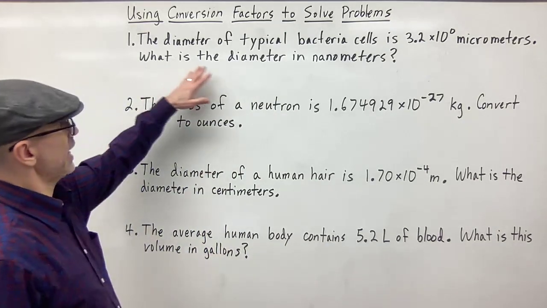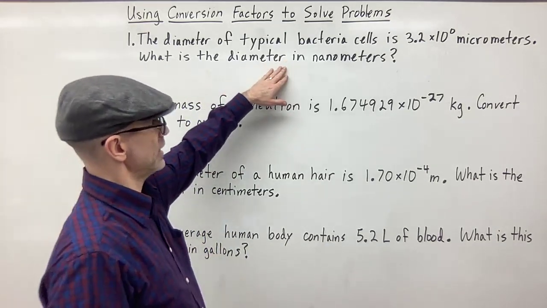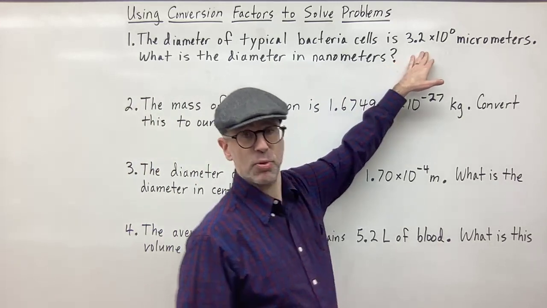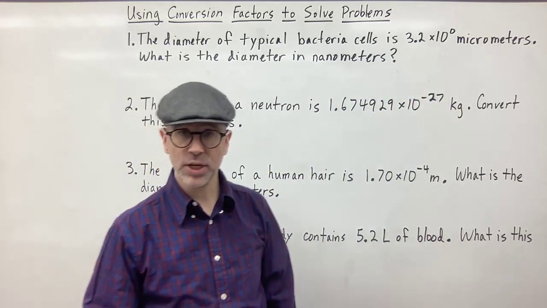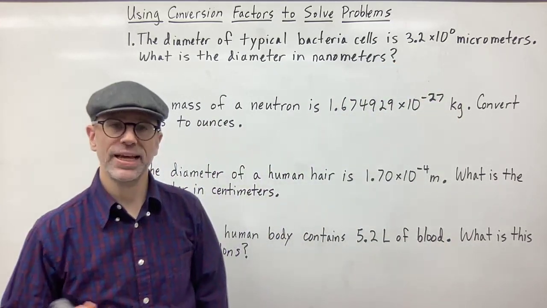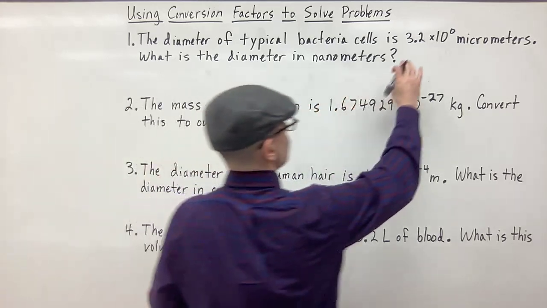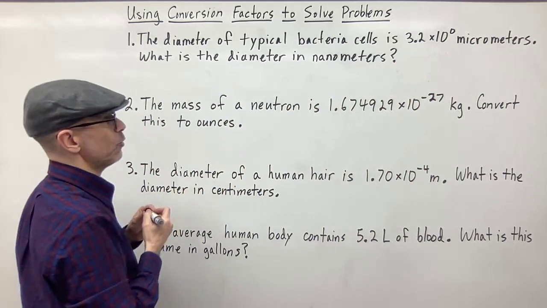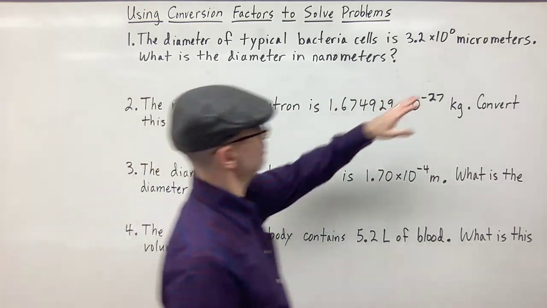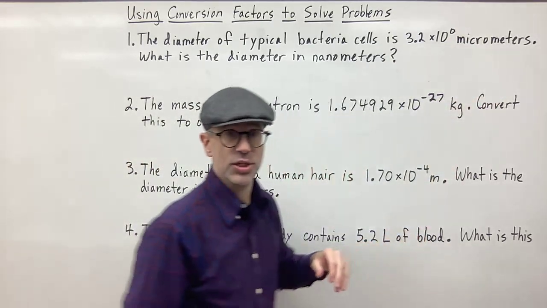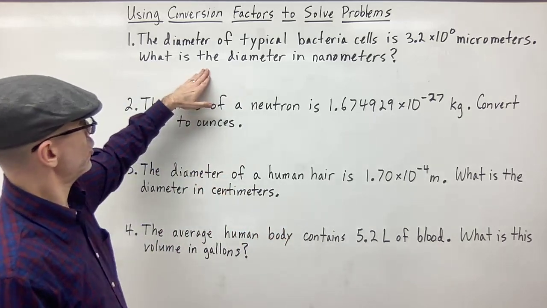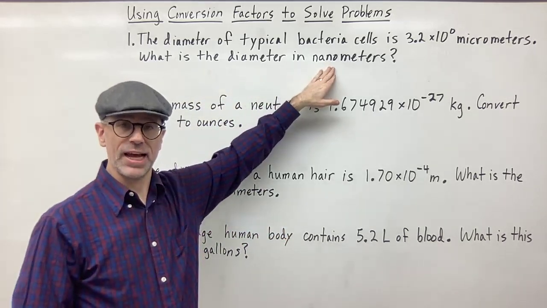We're given the diameter of a typical bacteria as 3.2 times 10 to the 0 micrometers, and they want us to convert that to nanometers. So we start with what we're given, and we're going from one prefix unit, micrometers, to another prefix unit, nanometers.